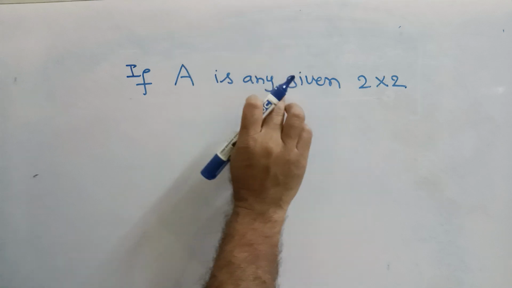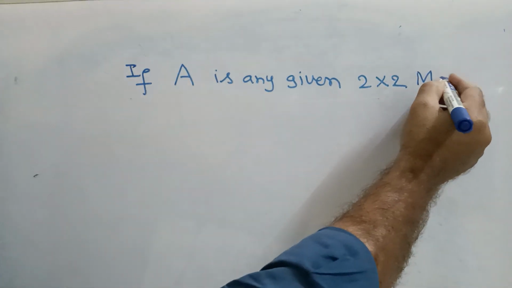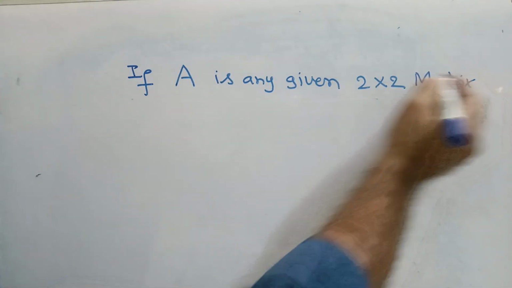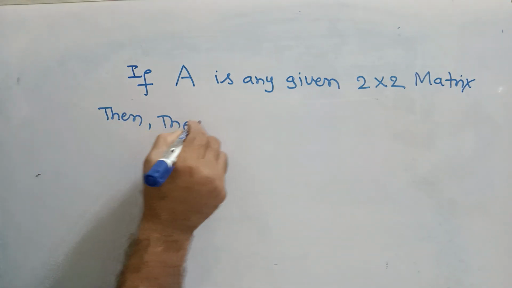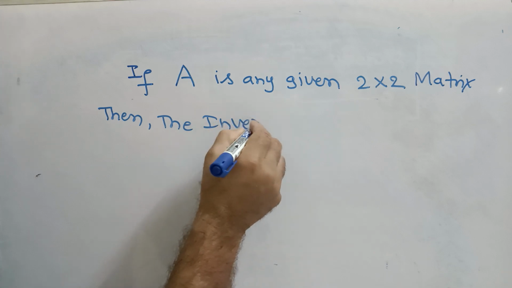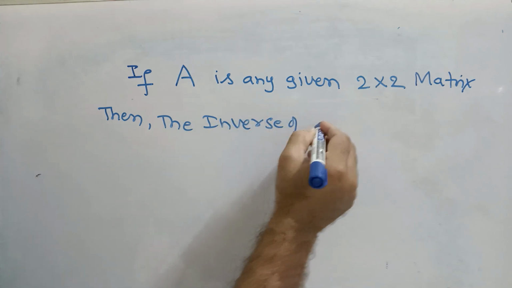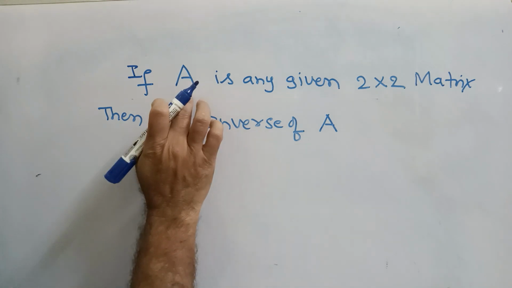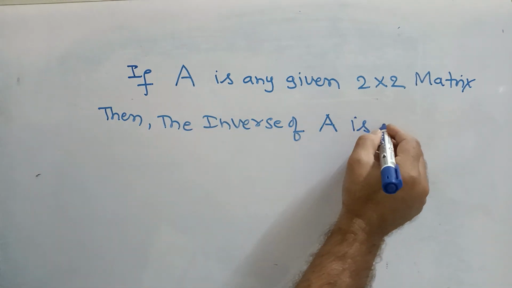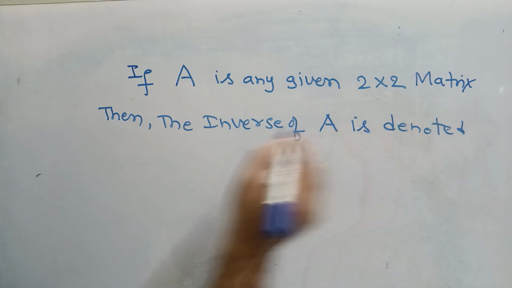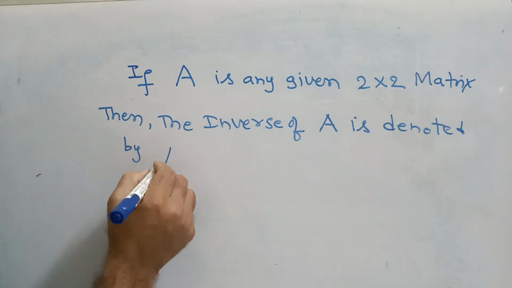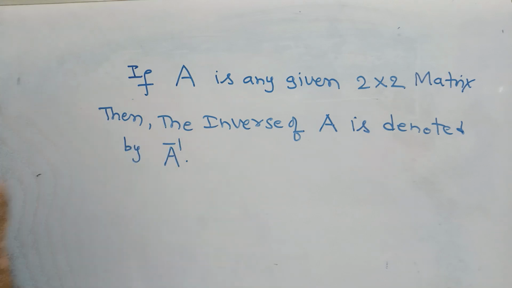So if A is any given 2 by 2 matrix, then the inverse of A is denoted by A inverse, and there is a formula for that.